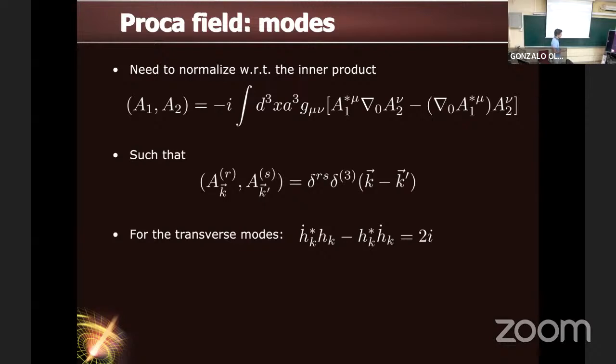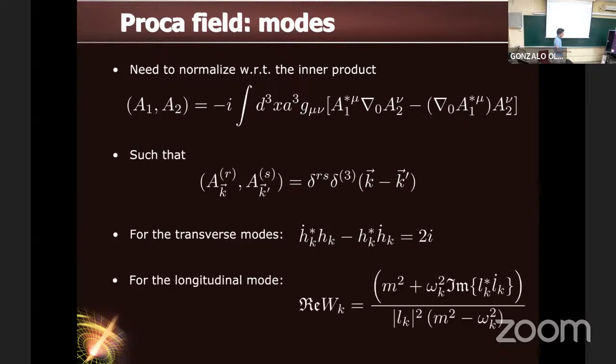For the transverse modes, this just simplifies to that. This is the same as the scalar field, so nothing new here. And for the longitudinal one, we have a more involved expression which is just kind of a constraint on the W, which we need to take into consideration.